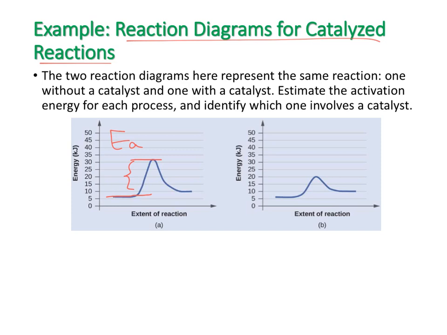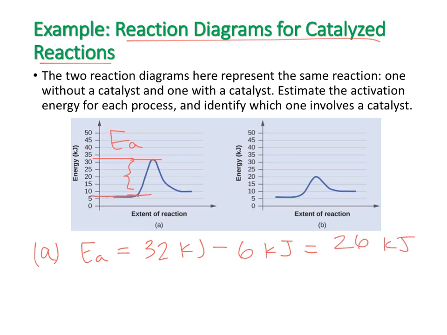Visually, you probably already are able to tell, but still, just to show you the difference in activation energy. For graph A, to calculate Ea, we would take the energy for the transition state, about 32 kilojoules, minus the energy for the reactant, about 6 kilojoules. So you end up getting 26 kilojoules for your overall activation energy.